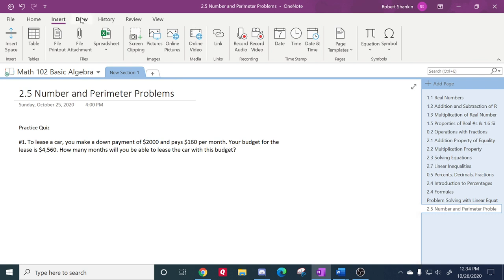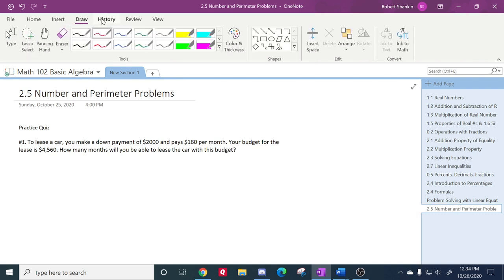And I'm going to call this method 1. So I'm going to say 3 months. How many months? I'm going to make a ridiculously small guess.